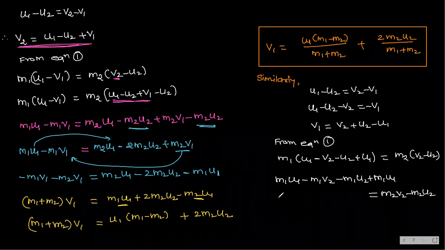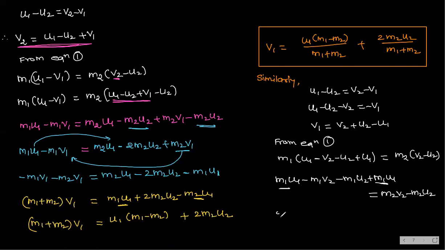So now see here, what we got? M1 U1 minus M1 V2 plus M1 U1 minus M1 U2 you got, and here it is M2 V2 minus M2 U2. So if you see, these two terms are the same.